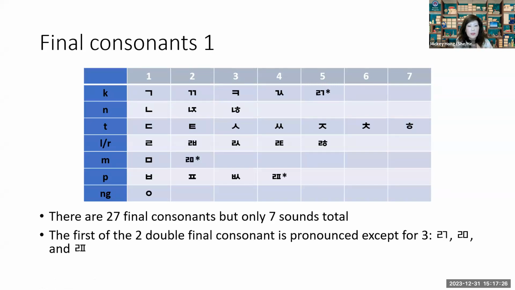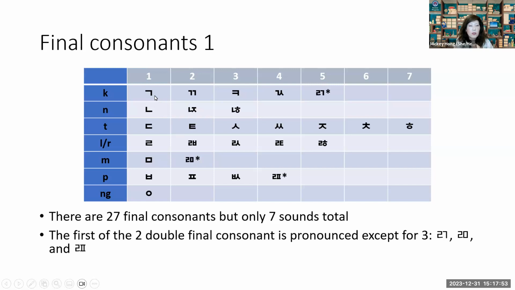Any one of these 7. As I mentioned, the first of the 2 final consonants is pronounced except for these exceptions, and they always start with RL, the lil. The ones that I put an asterisk on are exceptions where you pronounce the second final consonant instead of the first one on the left.